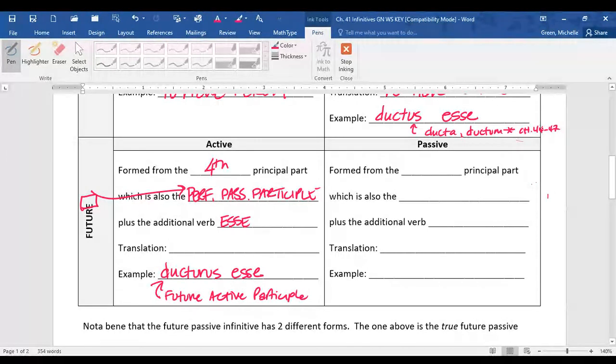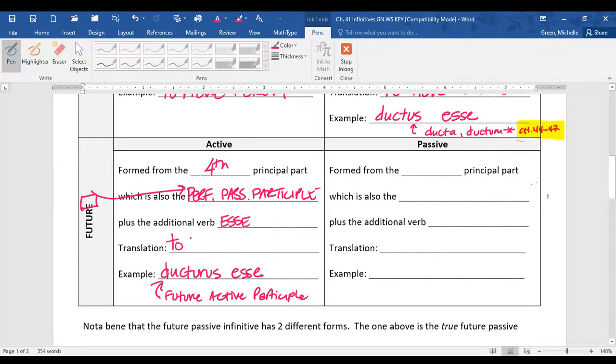Again, just like I wrote up here, this is something that we usually see in indirect statement when we get to those chapters. So hold off on thinking about the uses of these, but just be familiar with the form so you can recognize them. But again, it's an infinitive, so it starts with the word to.